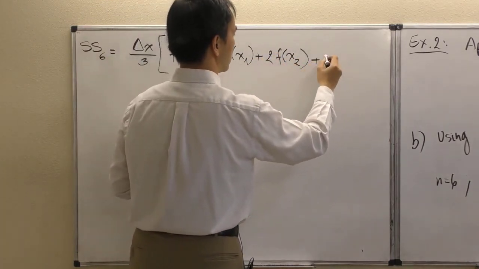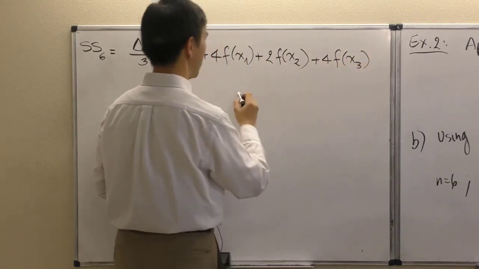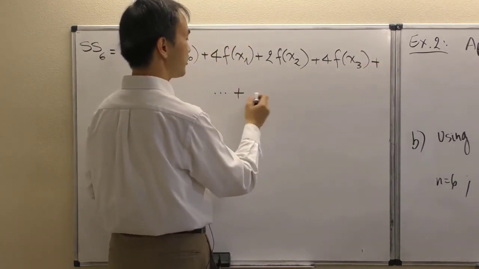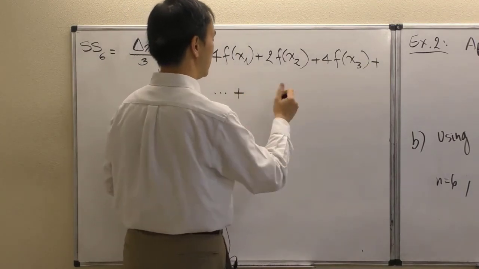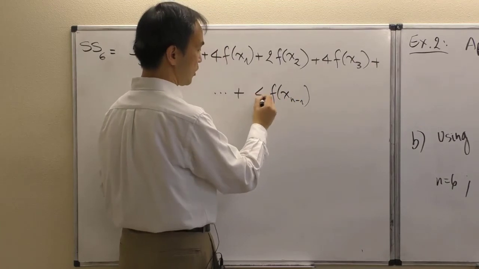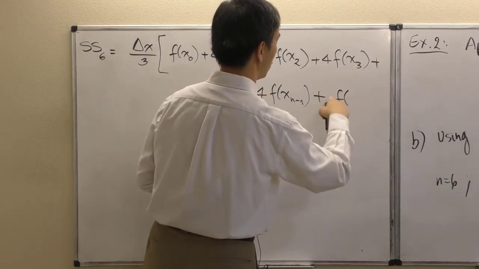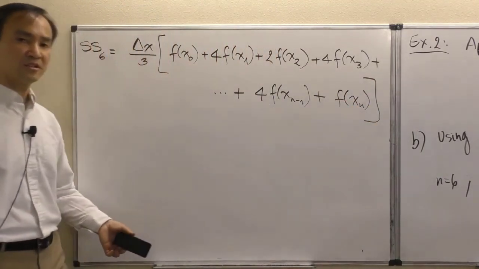Okay, and then 4 times f of x3, odd index on the partition points again. We keep adding those until we reach the last ones here. f of x sub n minus 1 has to be odd index here, so coefficient 4. And the last one ever, only coefficient 1, f of x sub n. That completes our formula.